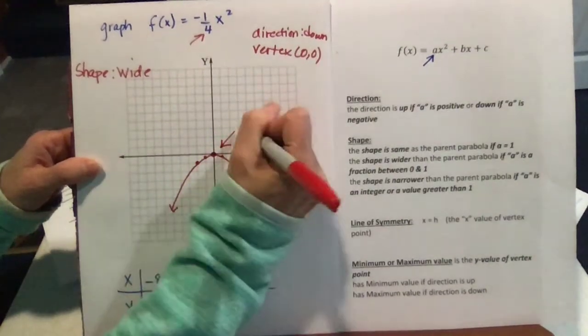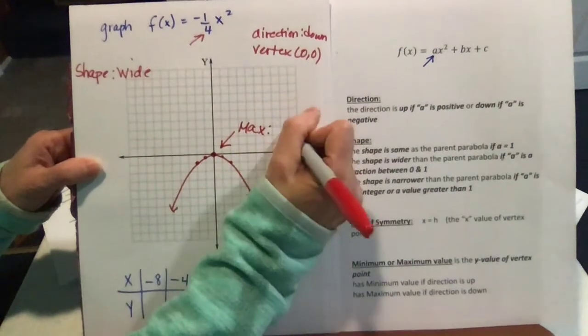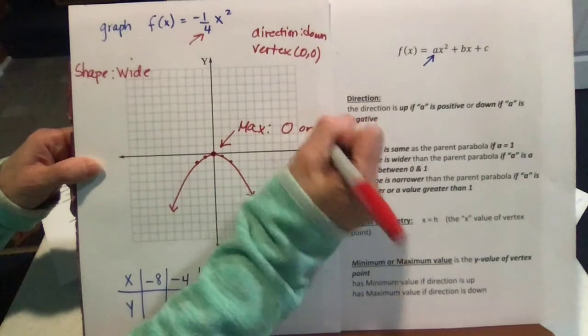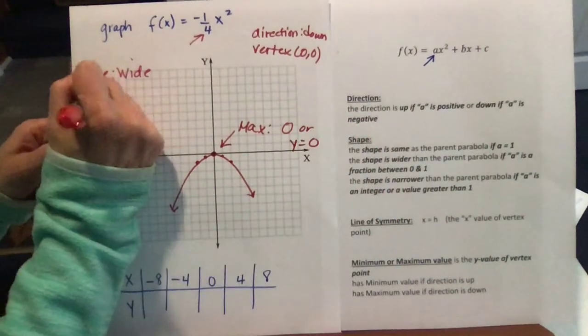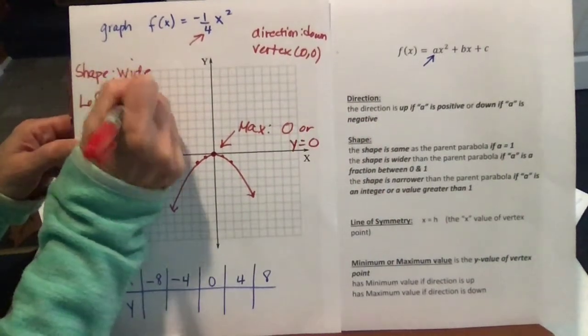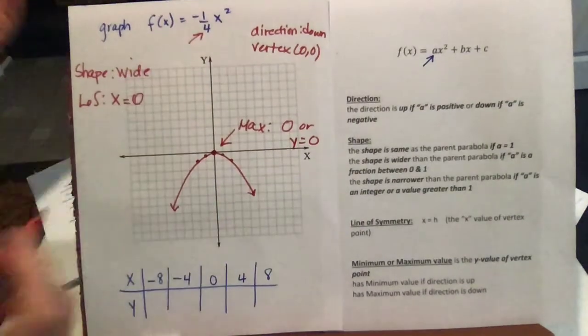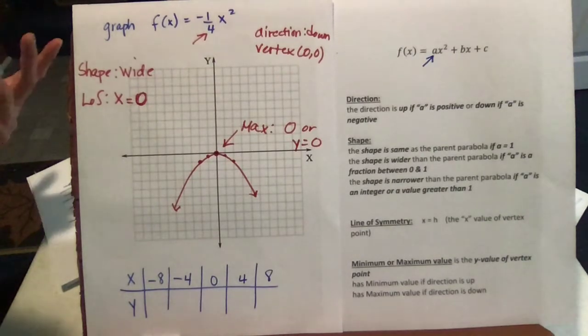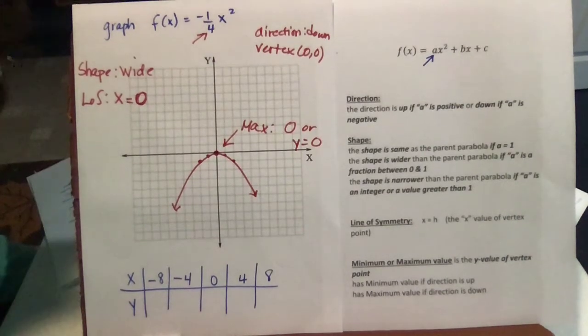Since it's going down, we have a maximum value, and that maximum value is 0, taking the y value, or you could say y equals 0. And line of symmetry is next, and x equals the x value from the vertex, and it's 0, so you are all done. And that is how you can graph quadratic equations, parabolas, without a table.